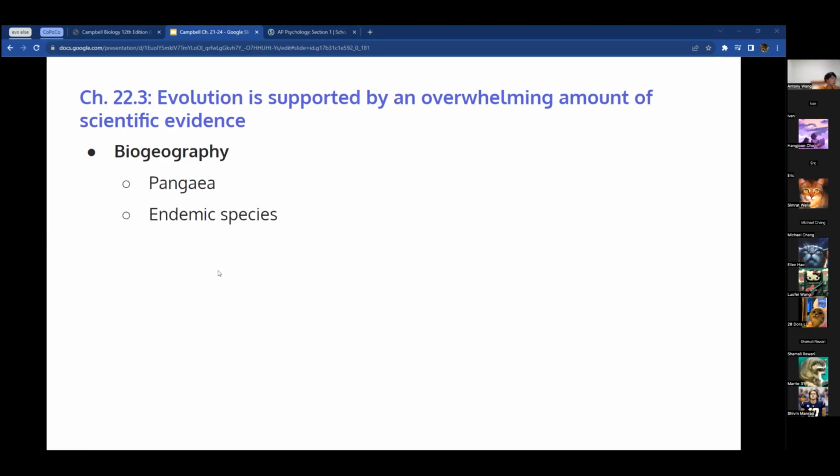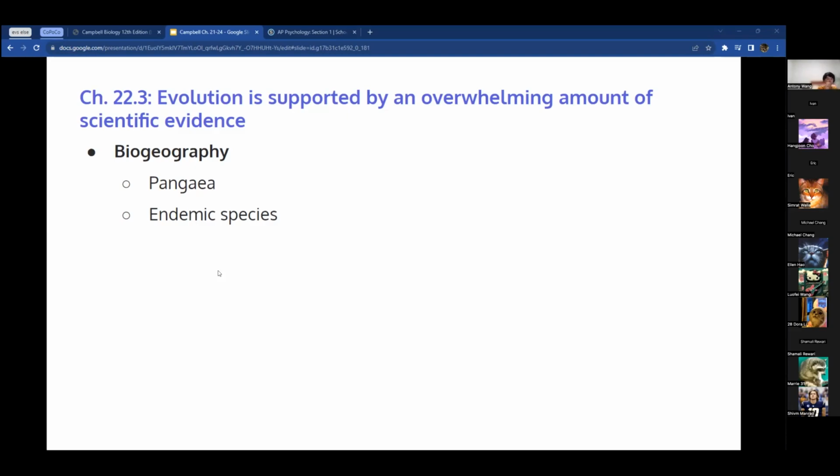Here's more evidence that supports evolution. Biogeography, endemic species. I think we all know that all the continents on Earth used to be in one mass called Pangea.